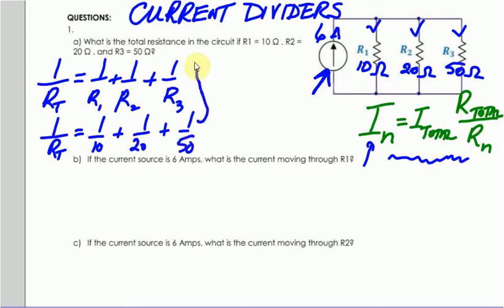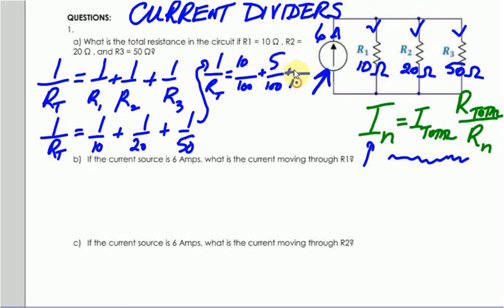If I carry on up here, I can find a common denominator if I wish, or I can convert to decimals. I'm going to find a common denominator of 100. So 1 over 10 becomes 10 over 100. 1 over 20 becomes 5 over 100.